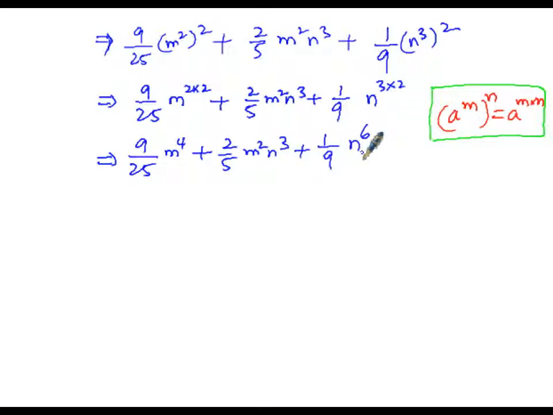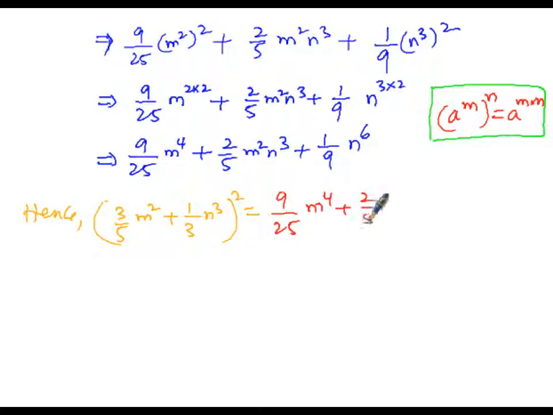In this manner, hence (3 by 5 m square plus 1 by 3 n cube) whole square is equals to 9 by 25 m to the power of 4 plus 2 by 5 m square n cube plus 1 by 9 n to the power of 6 is the result.